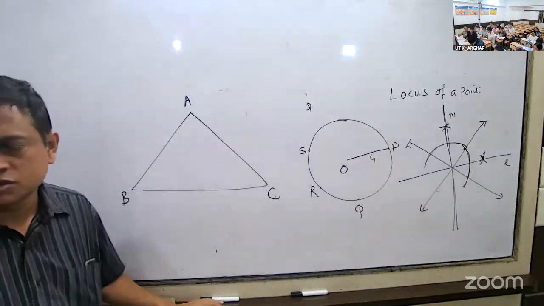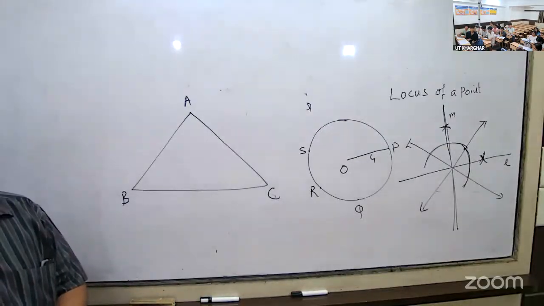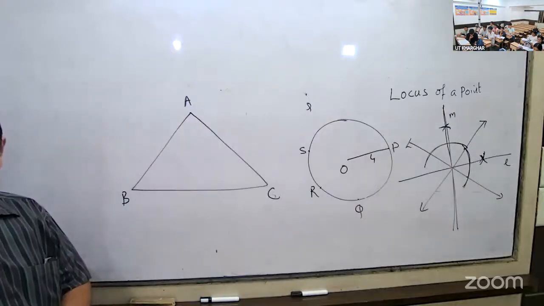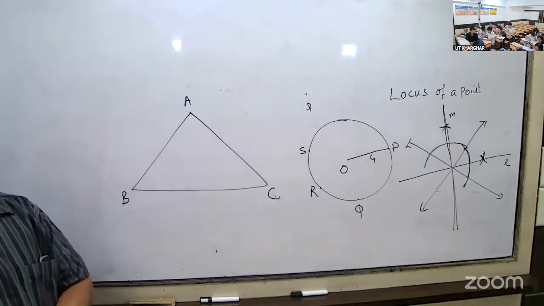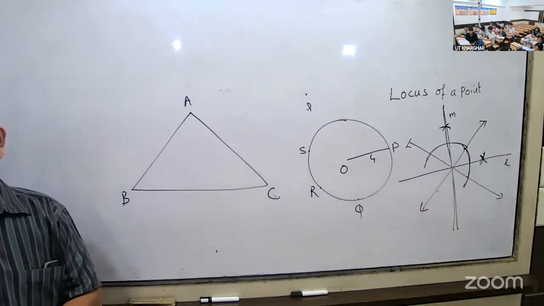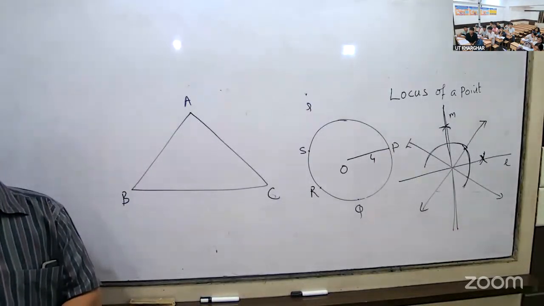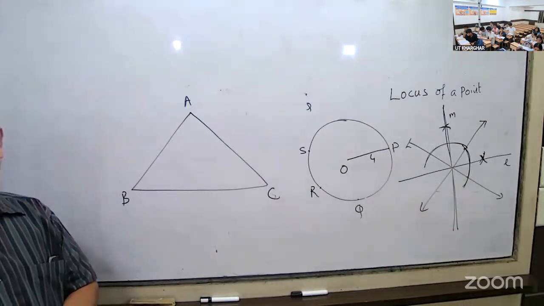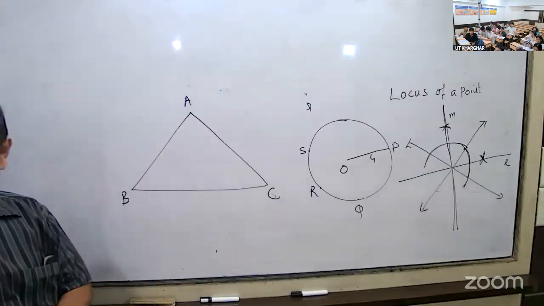Now the question, listen here. Obtain the locus of points at a distance of 3 cm from A. I repeat. No need to do anything, just tell me the answer.